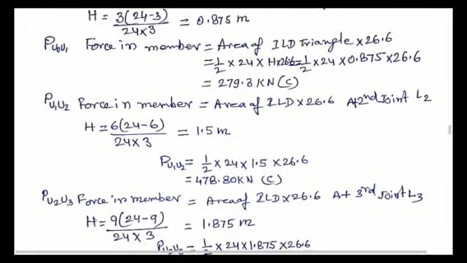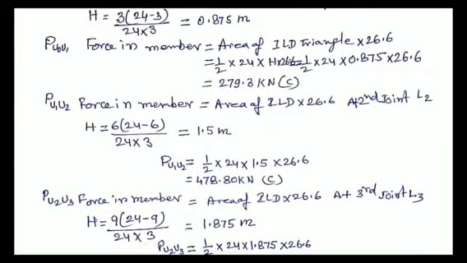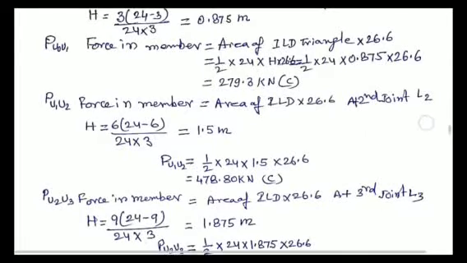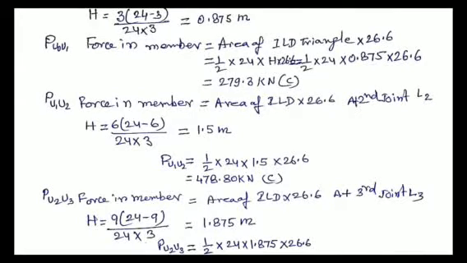Now the force in the U1 U2 member. Again, the force in the U1 U2 member will be the area of the ILD multiplied by 26.6, the total load. The joint where the height of the triangle is taken is the L2 joint, meaning we are going to the L2 joint.